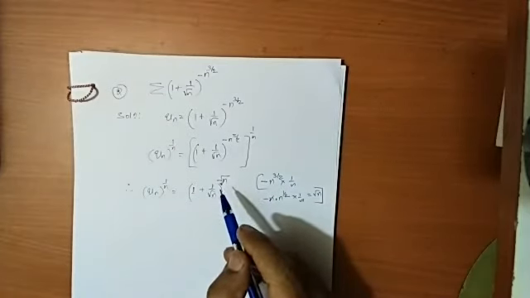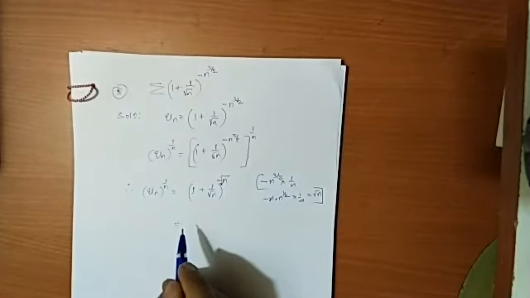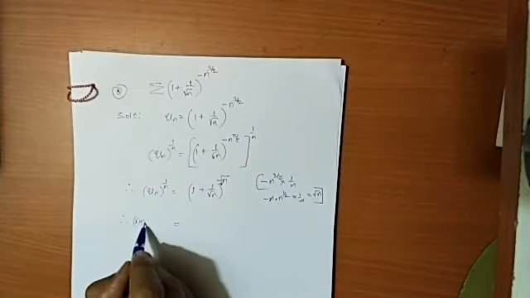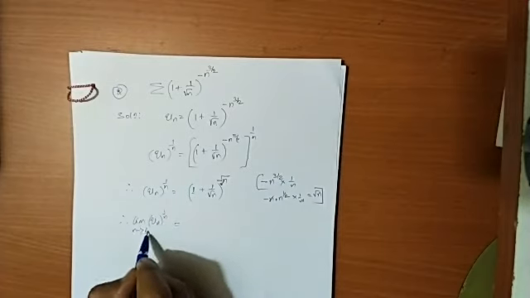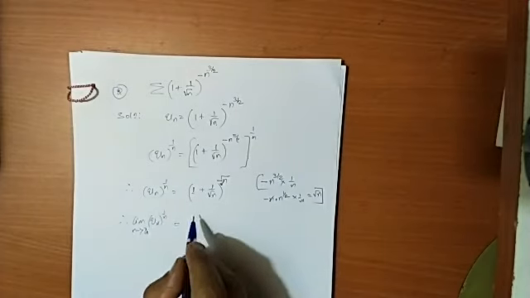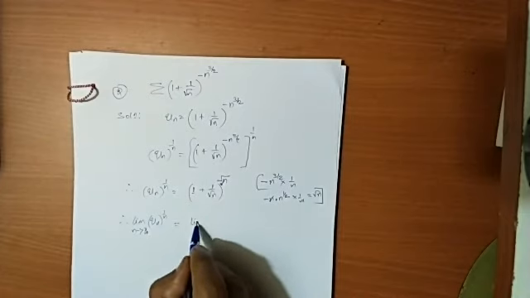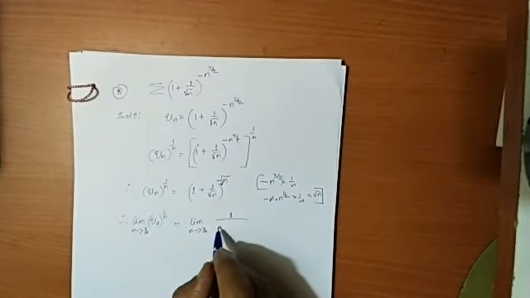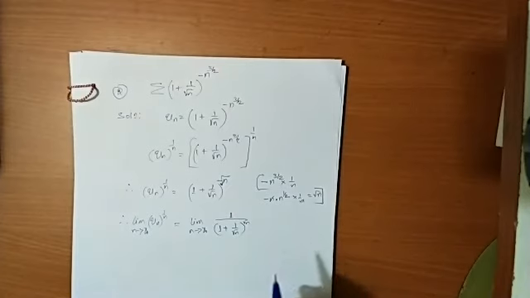Therefore, limit of un raised to 1 by n as n tending to infinity will be equal to limit as n tending to infinity of 1 over (1 plus 1 by root n) raised to root n.